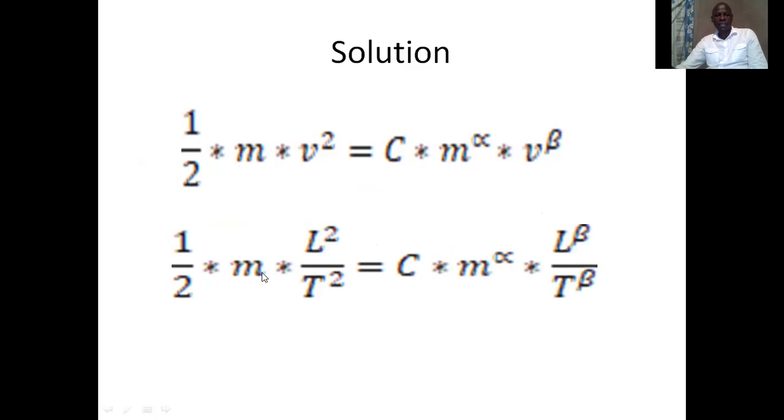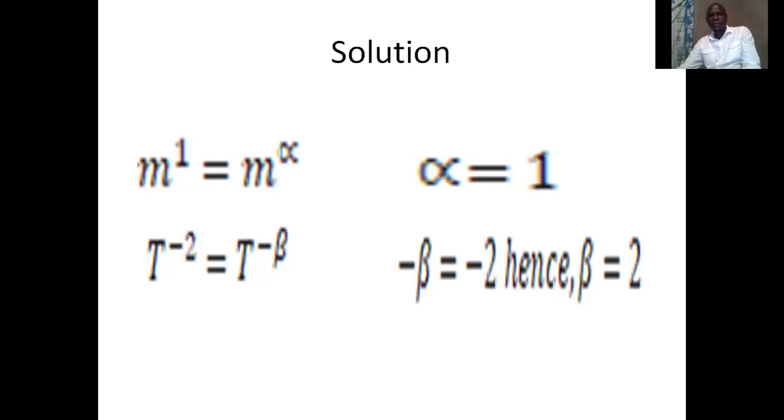And then we have mass multiplied by length to the power 2 over time to the power 2, as this is velocity, which is equal to the constant, which also has no dimensions. And we have mass to the power alpha, and velocity, which is length in meters to the power beta over time to the power beta.